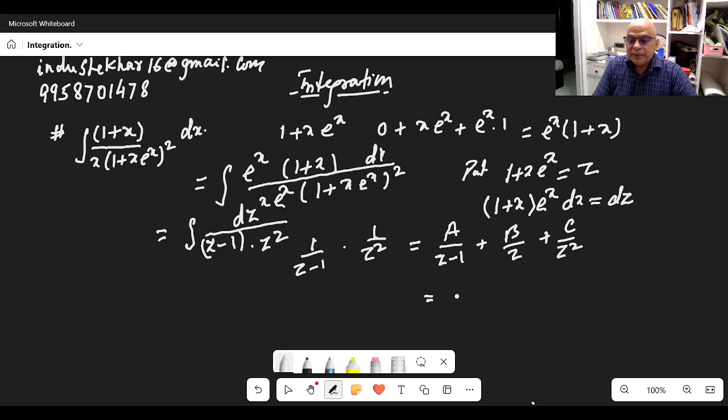Now take the LCM. LCM will be z squared into (z minus 1). Now take the first term containing A. When you divide z squared into (z minus 1) by (z minus 1), the remaining thing will be z squared.